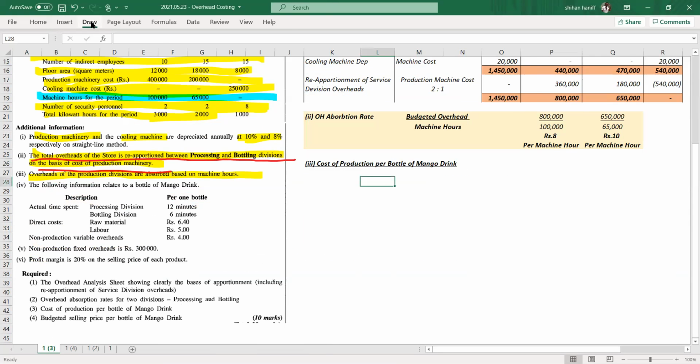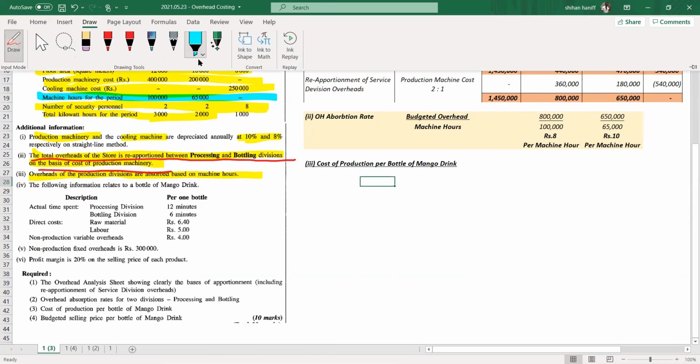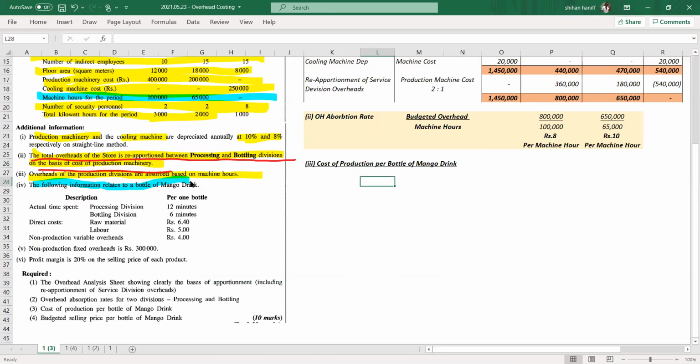So here we have the details. The following information relates to a bottle of mango drink. So remember, all these are for overheads. This is for overhead calculation.